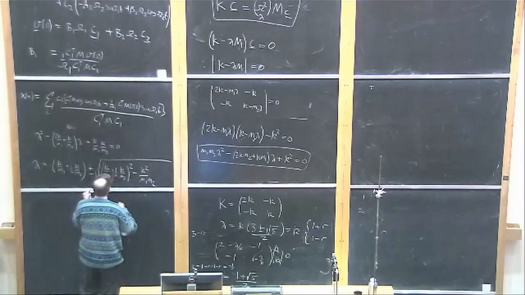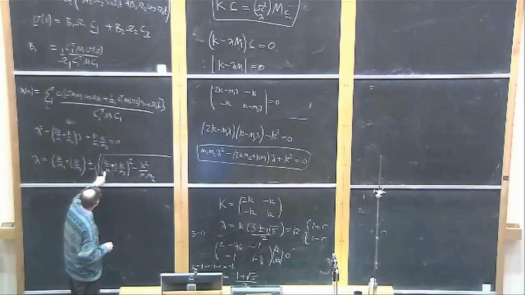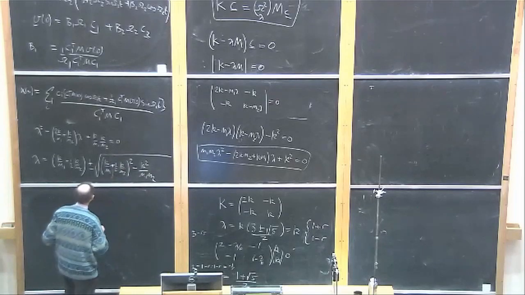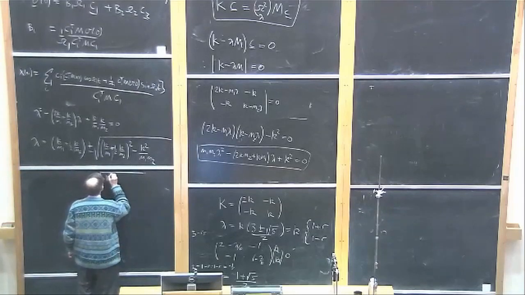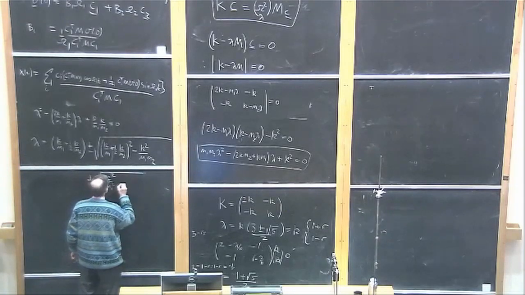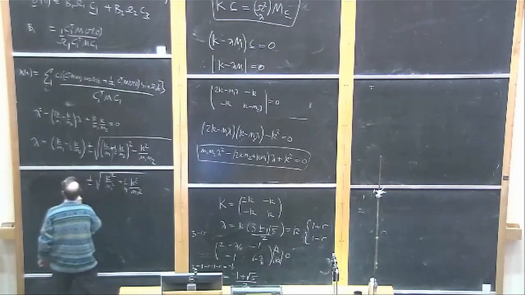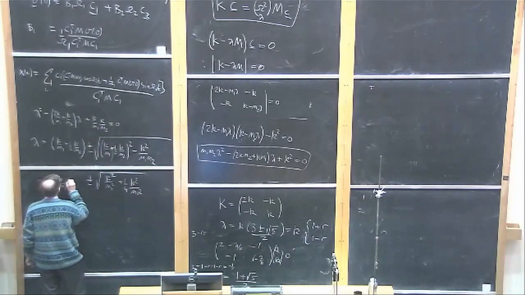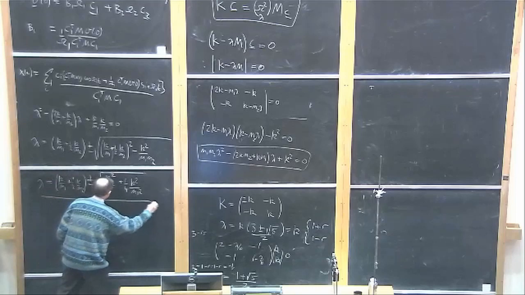And in effect, this term here actually cancels the cross term. The cross term between these two is twice times a half times k squared over m1 m2, which is cancelled by that. And so that square root factor becomes the square root of k squared over m1 squared plus a quarter k squared over m2 squared. And so lambda is k over m1 plus a half k over m2 plus or minus like that.